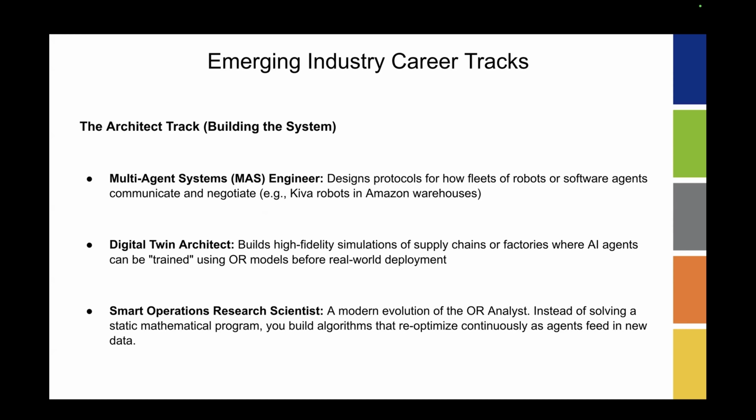The second is the digital twin architect, who builds high fidelity simulations of supply chains or factories where AI agents can be trained using OR models before real world deployment.